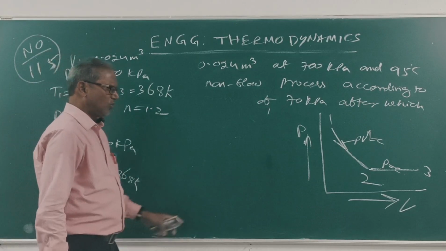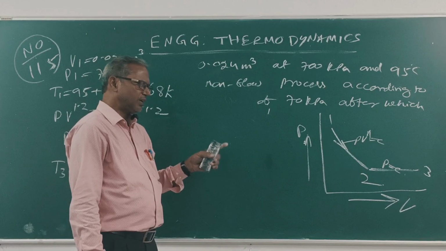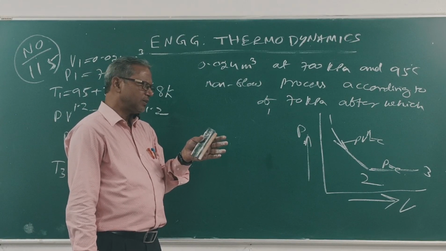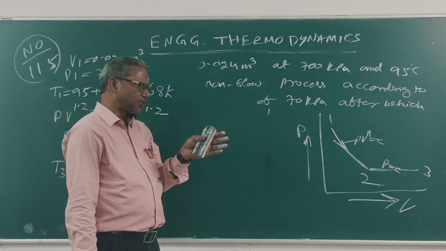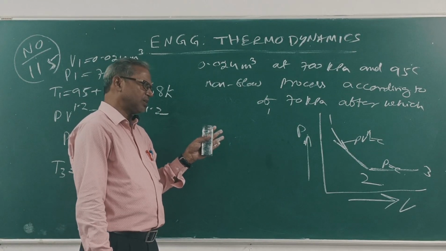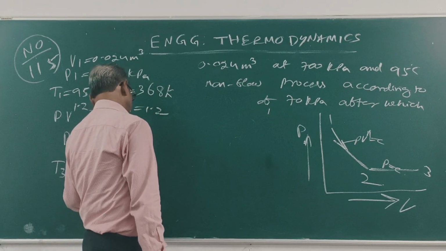Clear? 1-2 polytropic process, 2-3 constant pressure heating. After this, the process reaches its initial condition, initial temperature means T1. So T3 is equal to T1, 360 Kelvin.